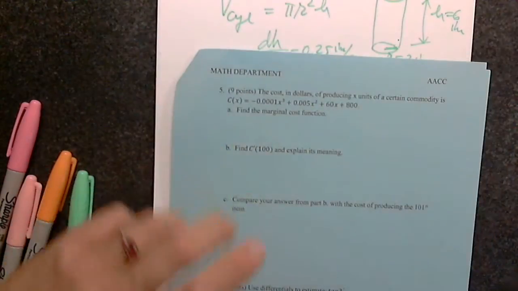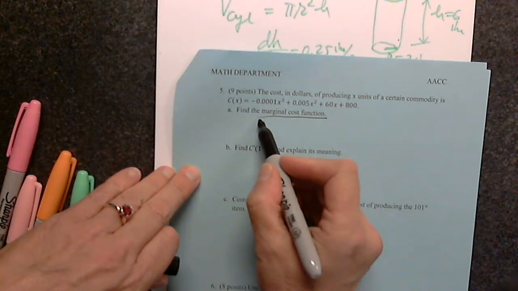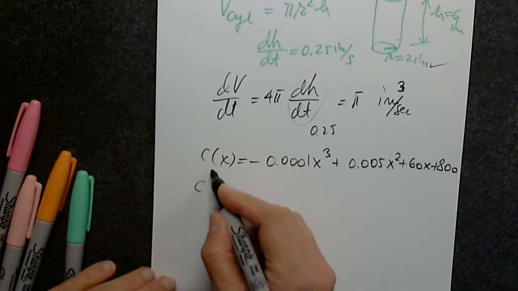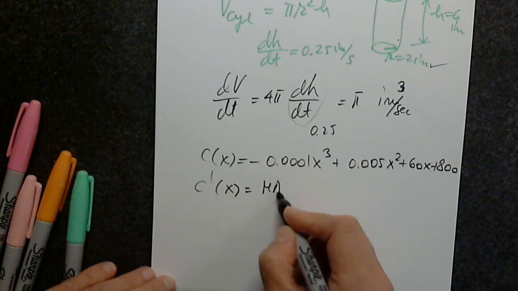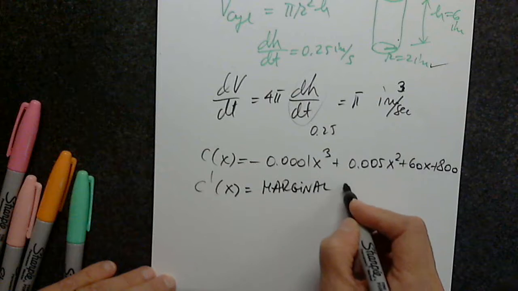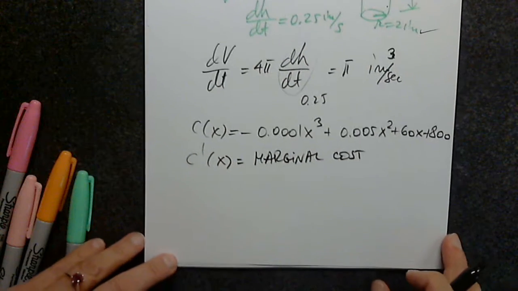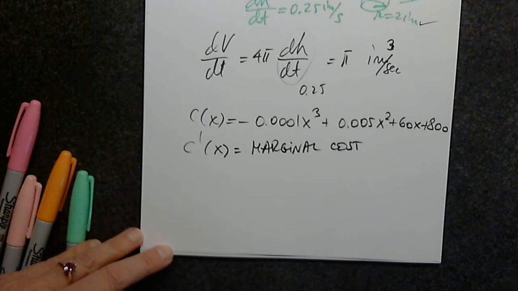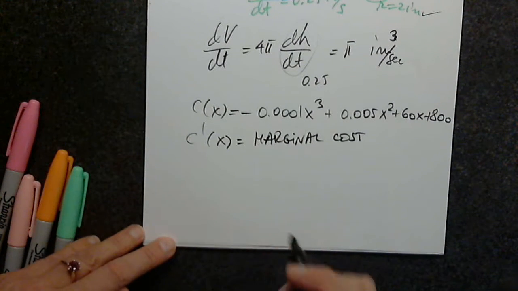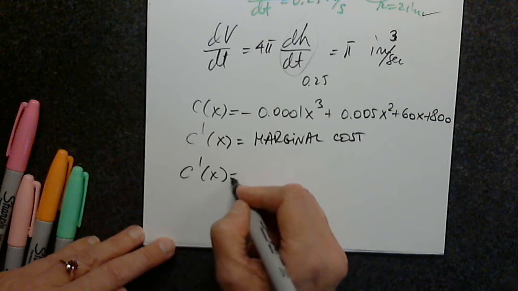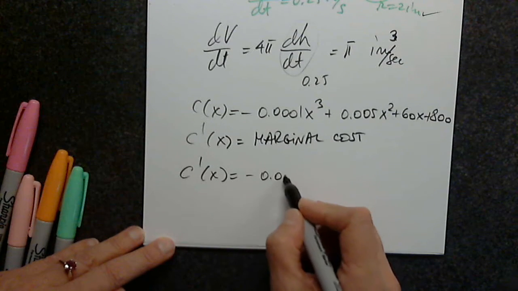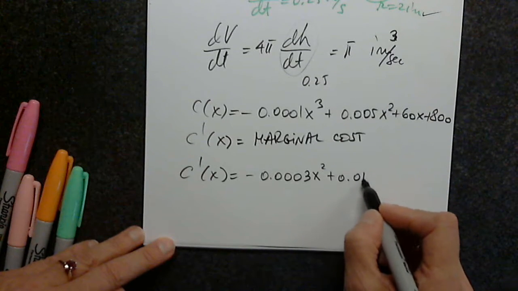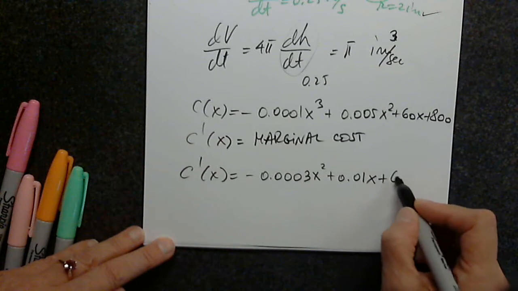So this is our cost function. First question, find the marginal cost. It's a derivative, but we call it a marginal cost. That's the name of the derivative of a cost function. The same thing with marginal profit or the marginal revenue, etc. So then c prime of x is negative 0.0003 x squared plus 0.01 x plus 60.